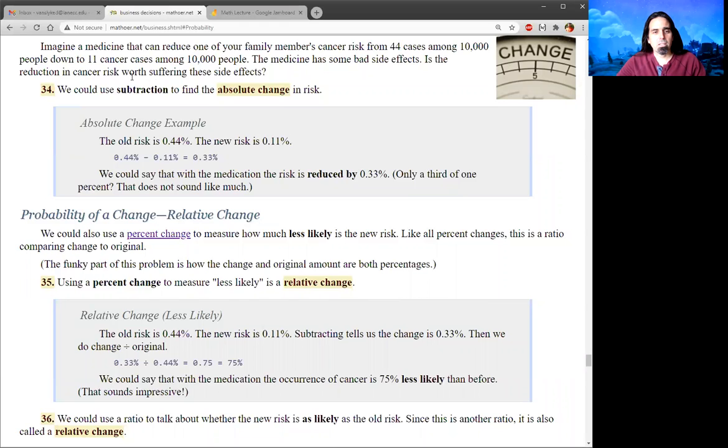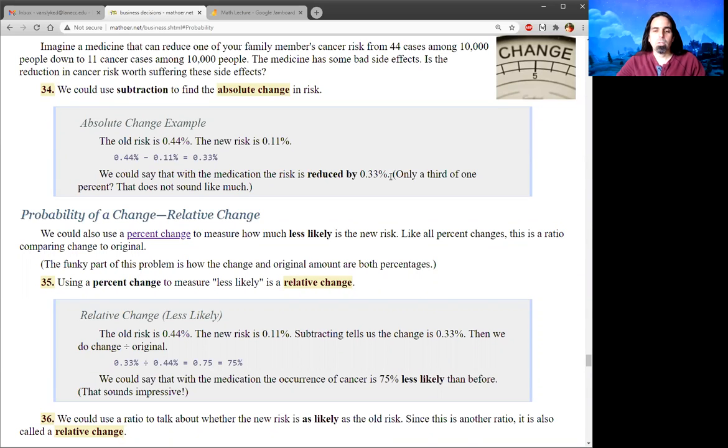Similarly, the new risk is 11 out of 10,000, so 0.11%, not 11%, but less than 1%. These are very small chances. If we subtract them, 0.44 minus 0.11 is 0.33%. So the medication would reduce the risk by 0.33%, a third of a percent.